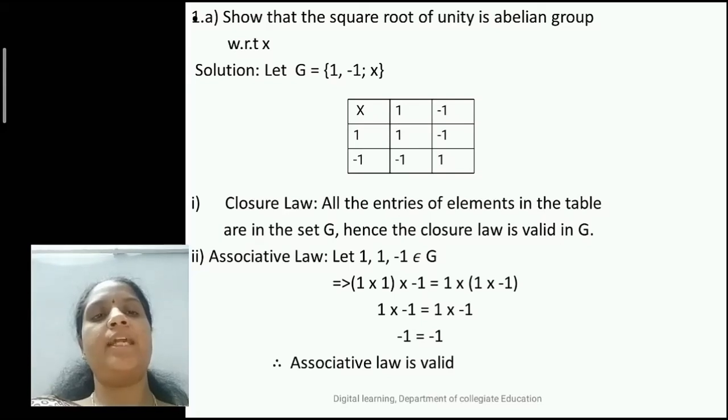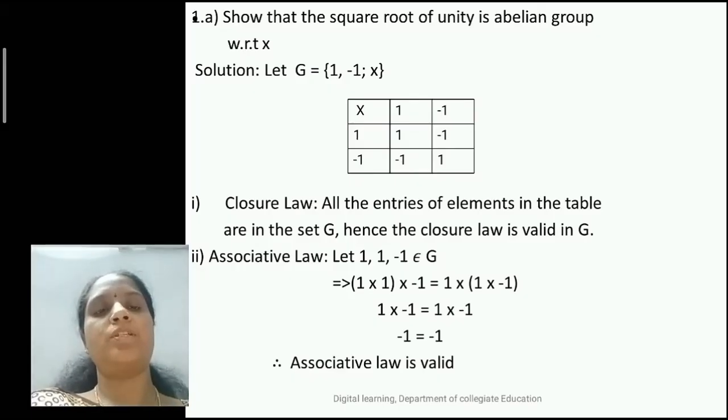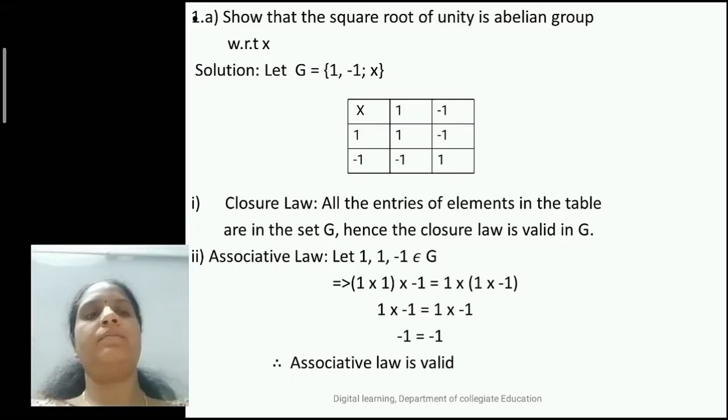On the LHS, the bracket is taken for 1 and 1, and outside the bracket, -1. On the RHS, 1 and -1 are taken inside the bracket and outside the bracket we consider 1. With the multiplication, we got -1 and -1 on both sides. Therefore, associative law is verified.